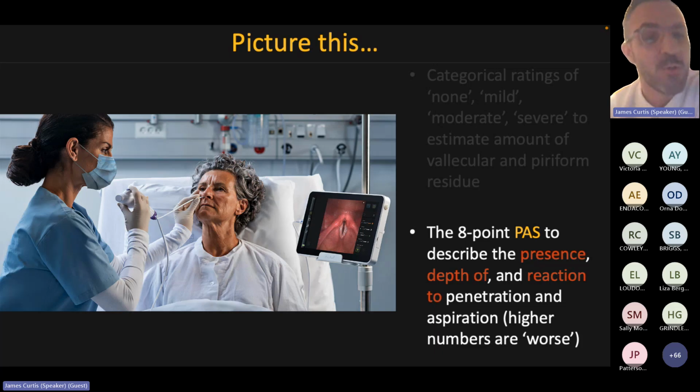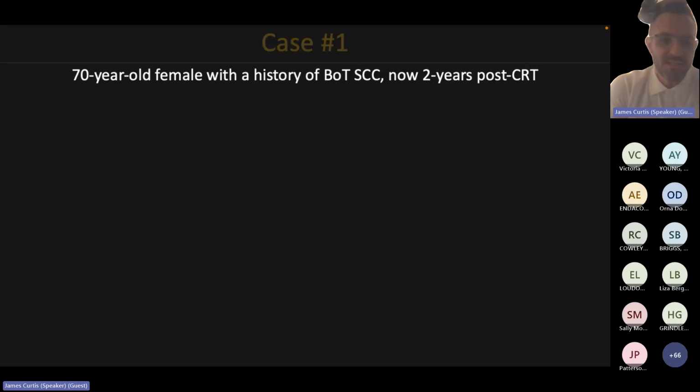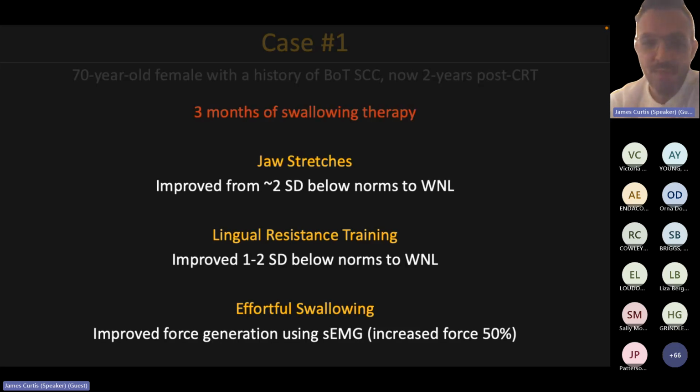And let's say you've got two patients on your caseload. Patient 1: I'm going to ask you some questions in just a second, so pay careful attention. Your first patient is a 70-year-old female with a history of basal tongue squamous cell carcinoma, now 2 years out from chemoradiation therapy. You've engaged her in a 3-month course of swallowing therapy.